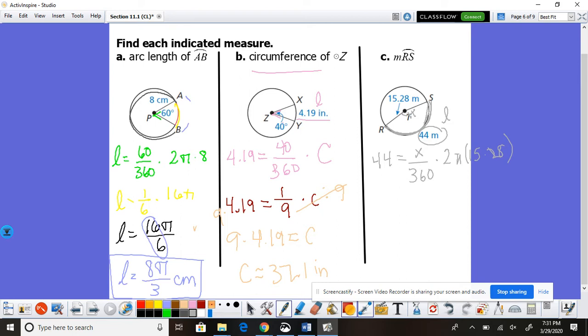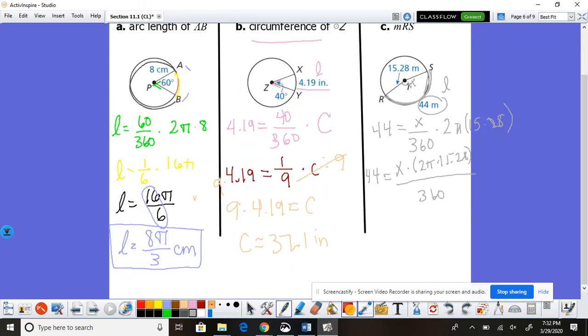All right, so now let's do some math. So this is just 44 equals X times 2 pi times 15.28 over 360. All I did is I merged them together. So let's multiply both sides by 360.